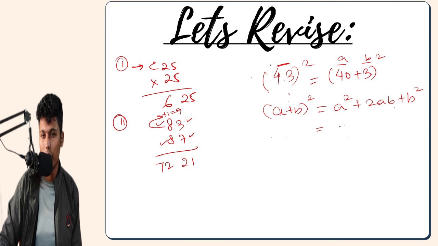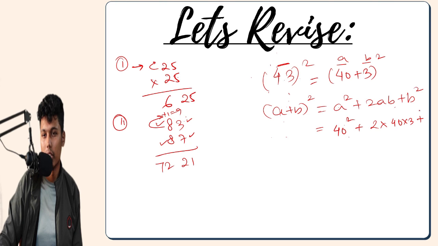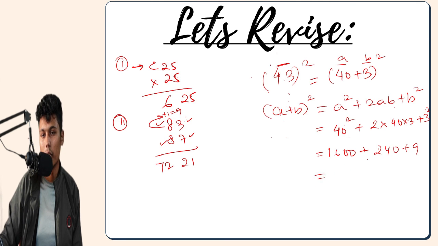So a is 40, so 40 square plus 2 into 40 into 3 plus 3 square. 4 times 4 is 16, 1600, plus 4 times 3 is 12, 12 times 2 is 24, 240, plus 3 times 3 is 9. If you add all this, you are going to get 1849.